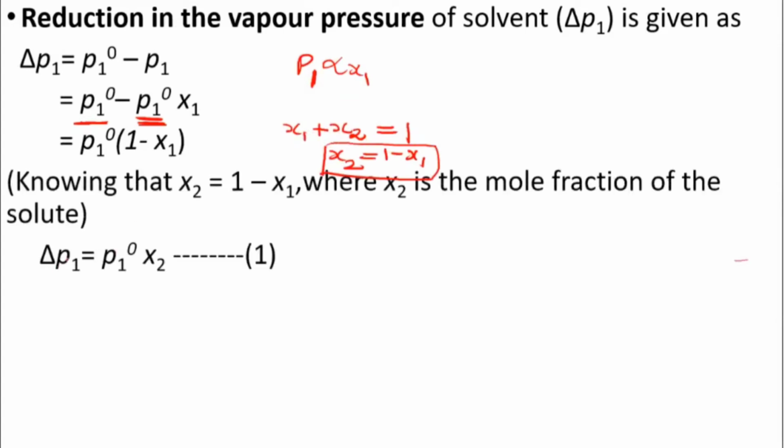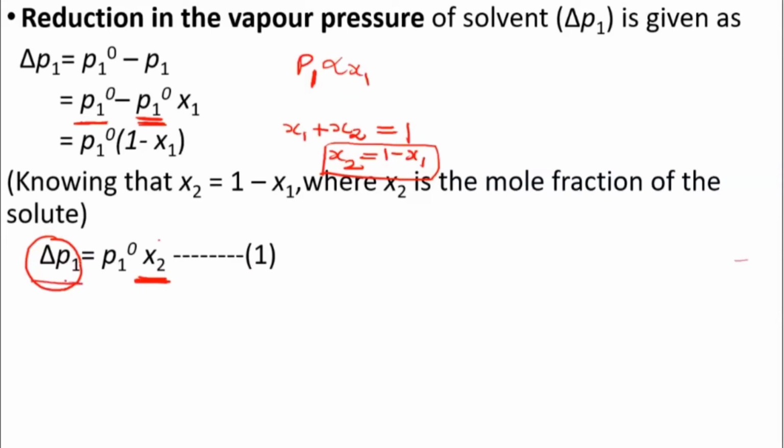After substitution, you get to know that the lowering in the vapor pressure is proportional to the mole fraction of the solute. That means the more moles of solute you add, the more decrease will happen. The more solute particles, the more the lowering in the vapor pressure. So you understood this relation, and mathematically also we are able to get this relationship.